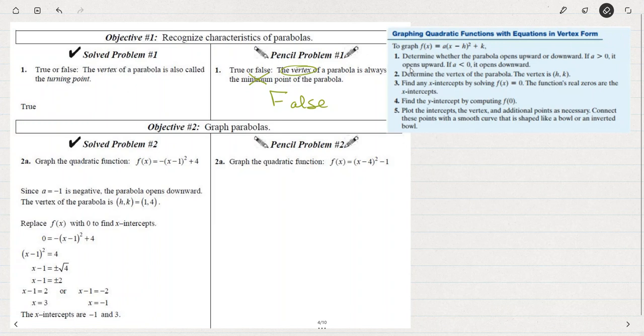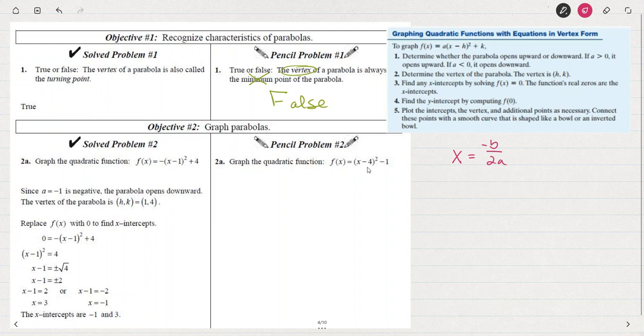But the key here is to use the vertex. And when we've got a graph of a quadratic equation in this form, we're not even going to need to use that vertex formula. You could do this. We could find a, b, and c.